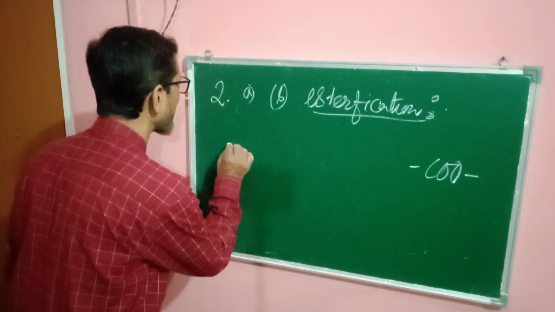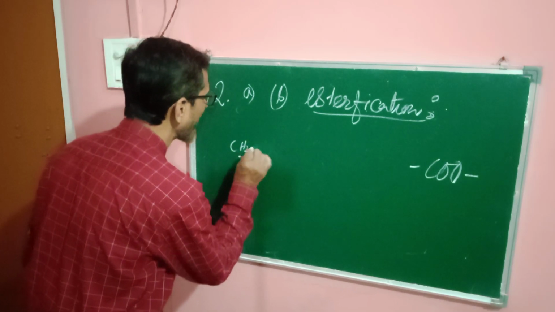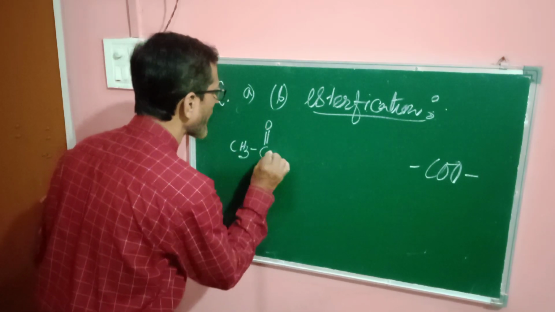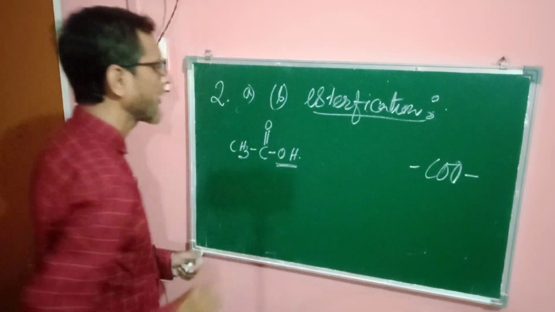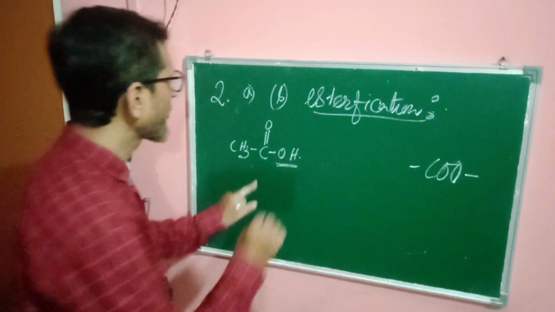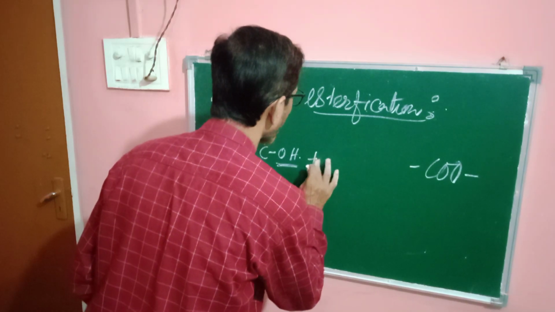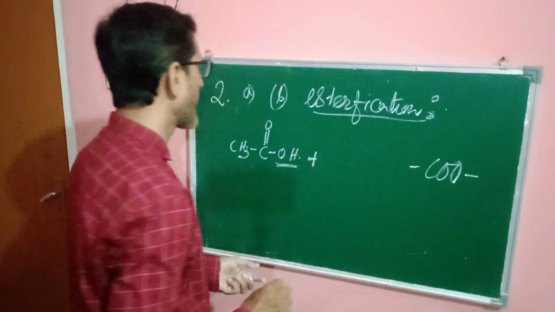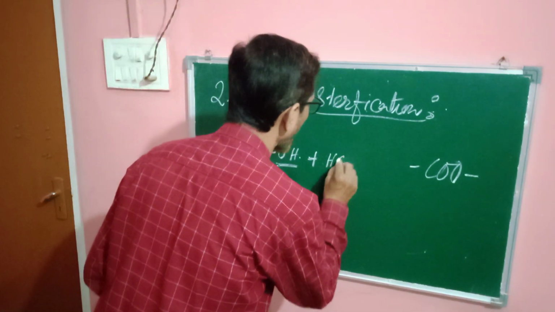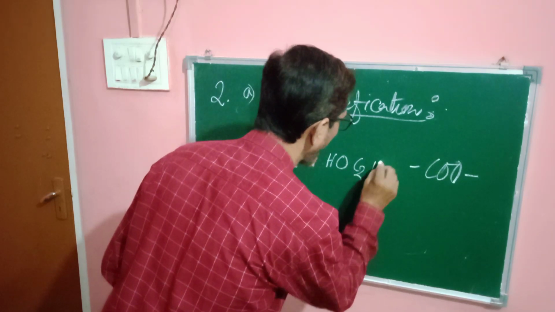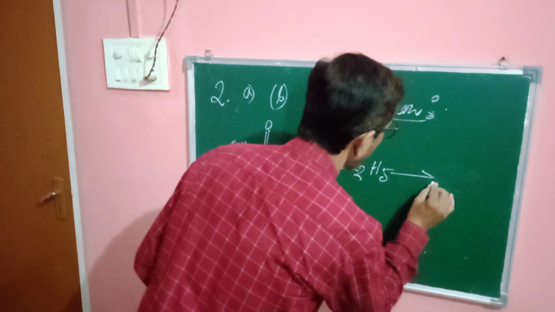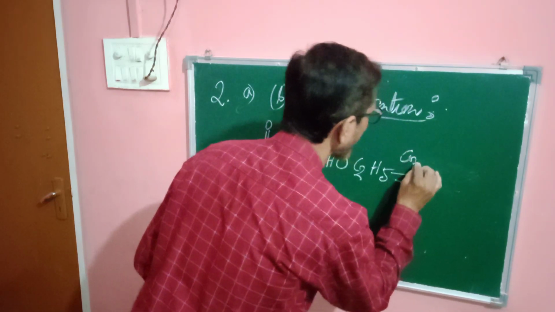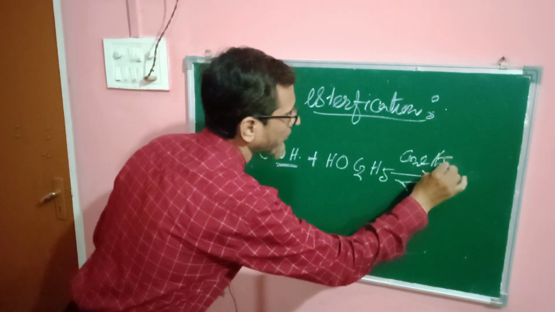So we are dealing with CH3 C double bond OH, carboxylic acid, and we are dealing with this group's involvement. Am I right? So this carboxylic acid, and we are giving an alcohol. It is a reversible reaction, concentrated H2SO4 or H plus.